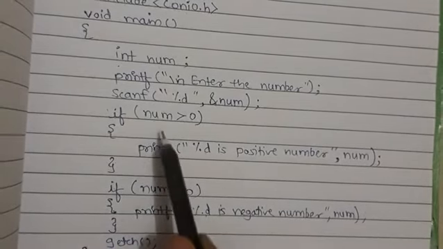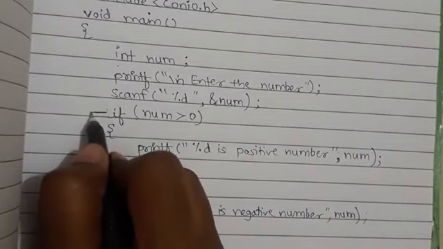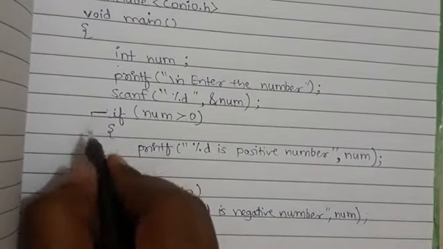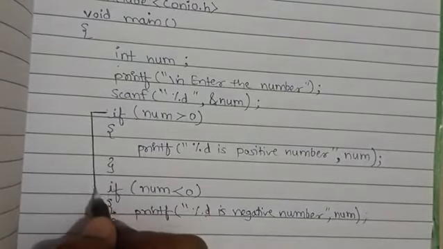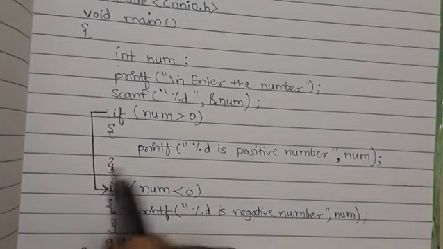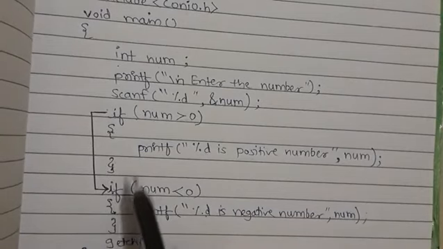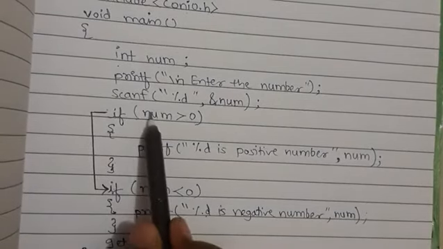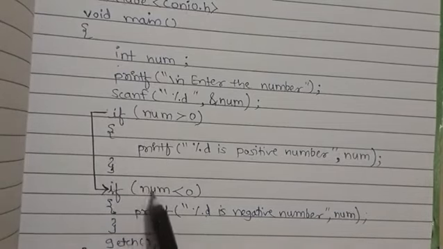But if this condition is false, then this block will not be executed, and the compiler control goes to the next line.